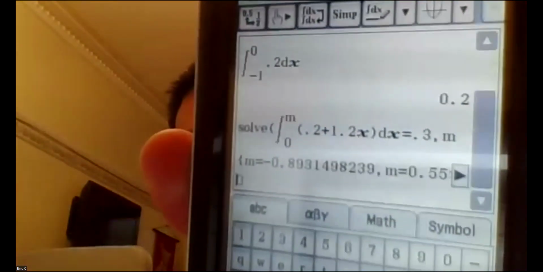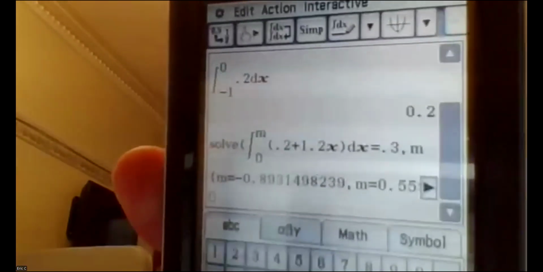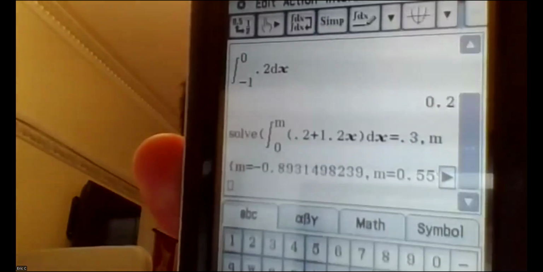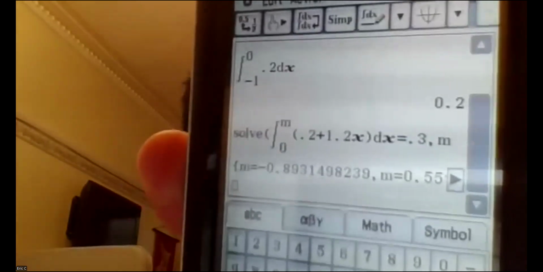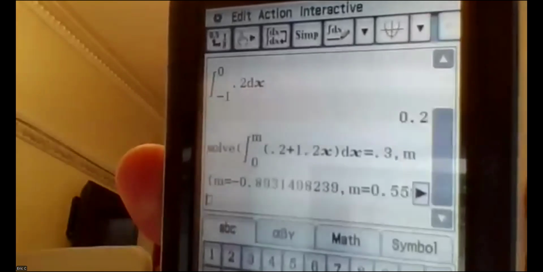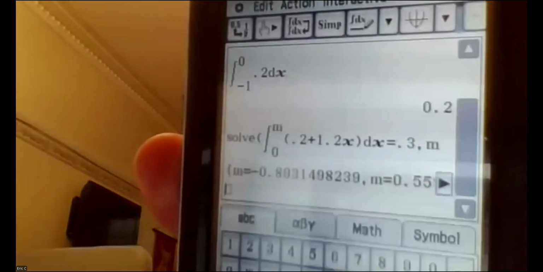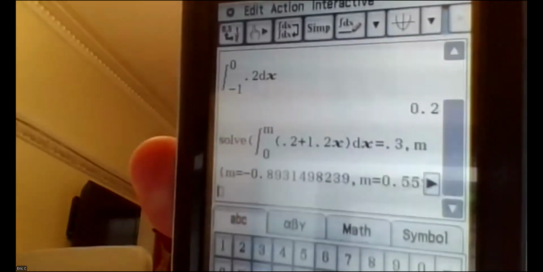Then you use your solve function here and make sure that you're solving for m. So solve the integral from 0 to m of 0.2 plus 1.2x dx equals 0.3. Because the first integral is 0.2, the second integral needs to be 0.3, not 0.5, because they both add up to 0.5, which would then give you the median value.